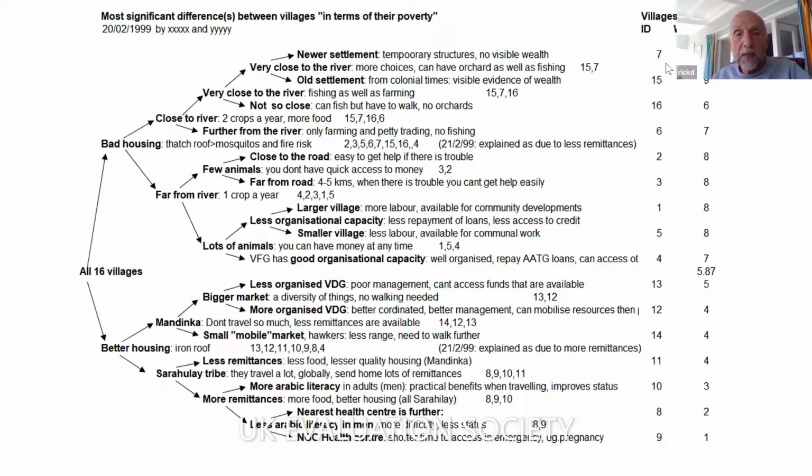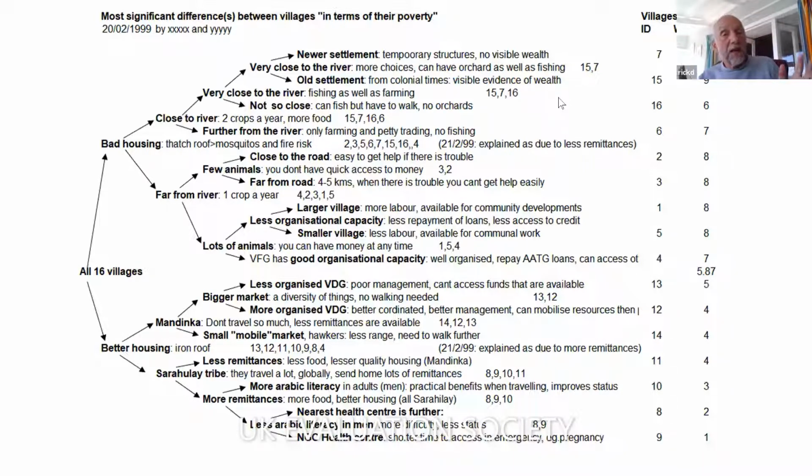So this example here is the result of an interview with a community organizer in the Gambia in the 1990s. I was asking him about, I think, about 14 different villages that he was working with in the Gambia. And I was asking him to tell me what he thought were the most significant differences between these villages in terms of their poverty.